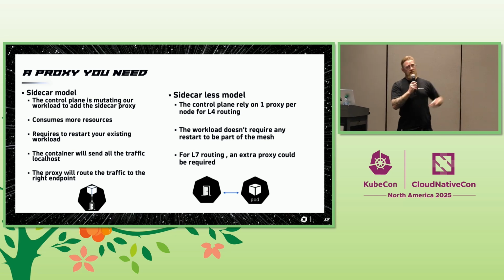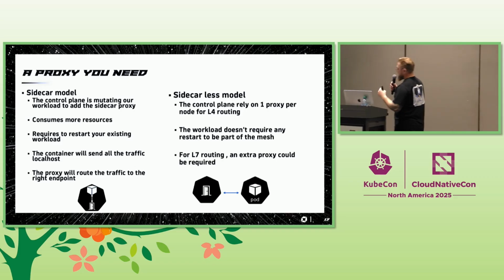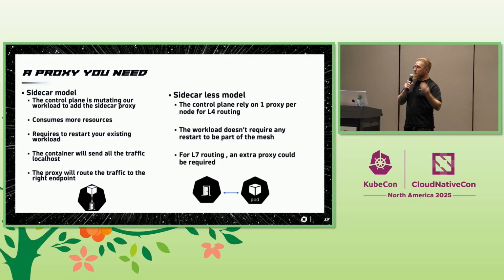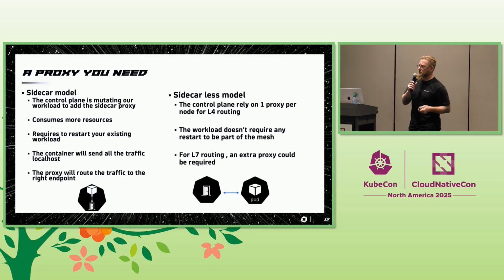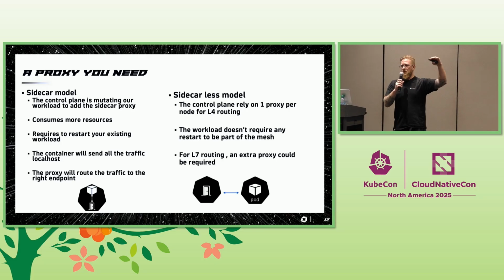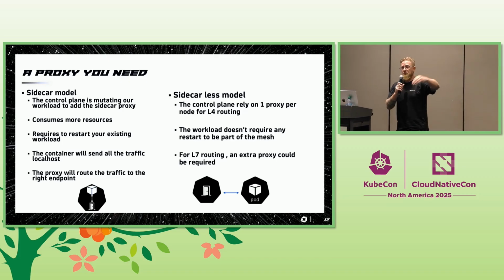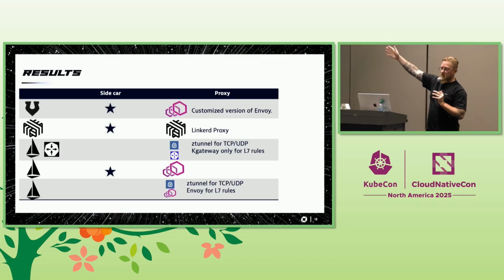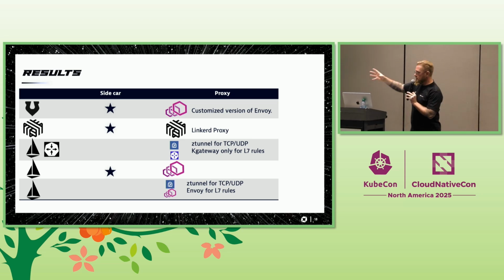Then you have the sidecar-less, which is the vision that Istio had initially in the past. So they provide one proxy that sits on the node that will be in charge of the layer 4 communications, so TCP, UDP. But then if you want to do more complicated routing with layer 7 on the headers or on your URLs or whatever, you will need another proxy that will be responsible to do that type of work. So if you look back on the family that we had initially, Kuma is going to be sidecar, and it has Envoy, but it's the modified version of Envoy.